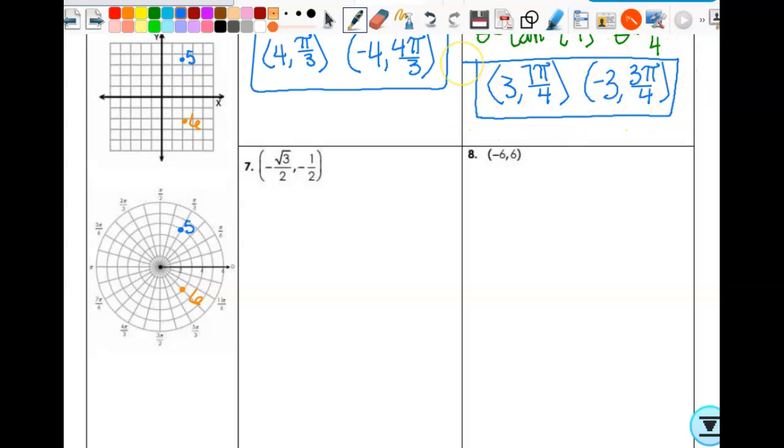I will give you the graphing though. Square root of 3 over 2 is about 0.9. So we're going to go to negative 0.9, negative 1/2. About right there for number 7.